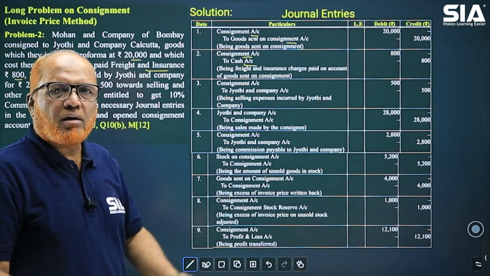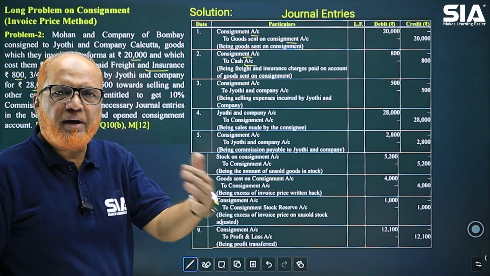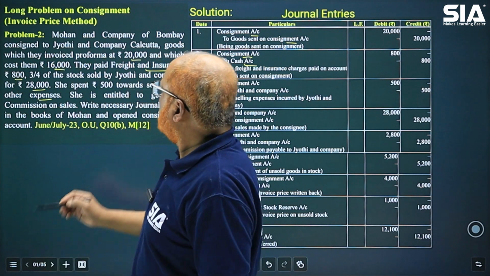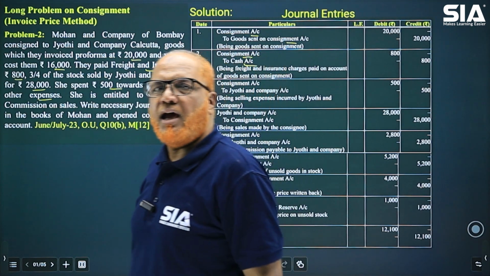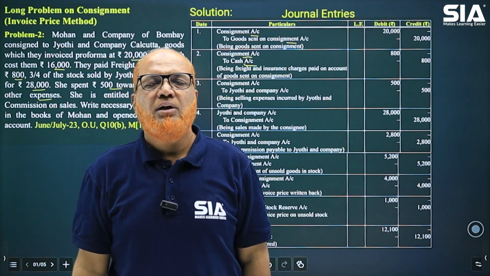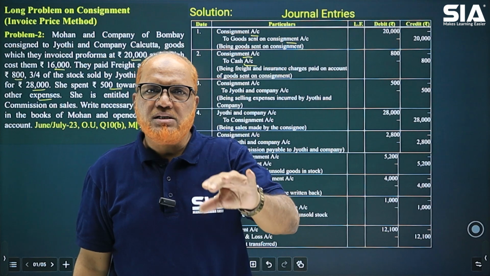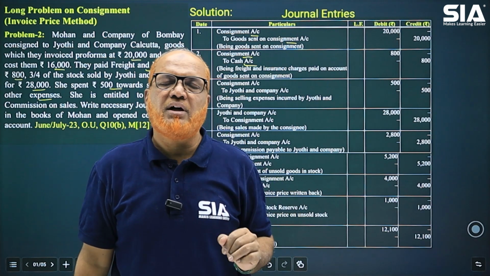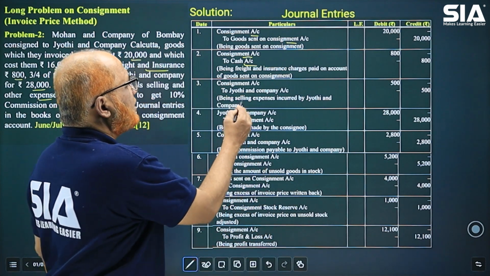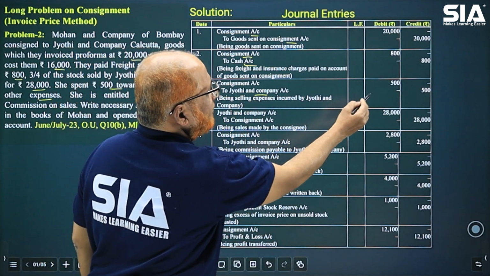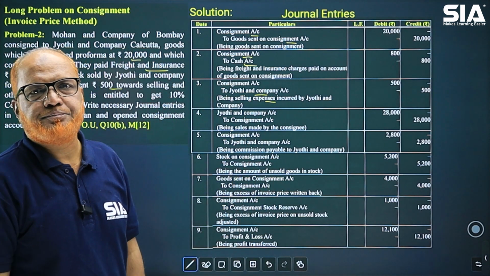Now, goods are received by the consignee and the consignee has spent some expenses. How much she spent? 500 towards selling and other expenses. So entry consignment account debit to consignee account. Here the name of the consignee is Jyoti. So consignment account debit to Jyoti and Company, 500 rupees being selling expenses incurred by consignee.